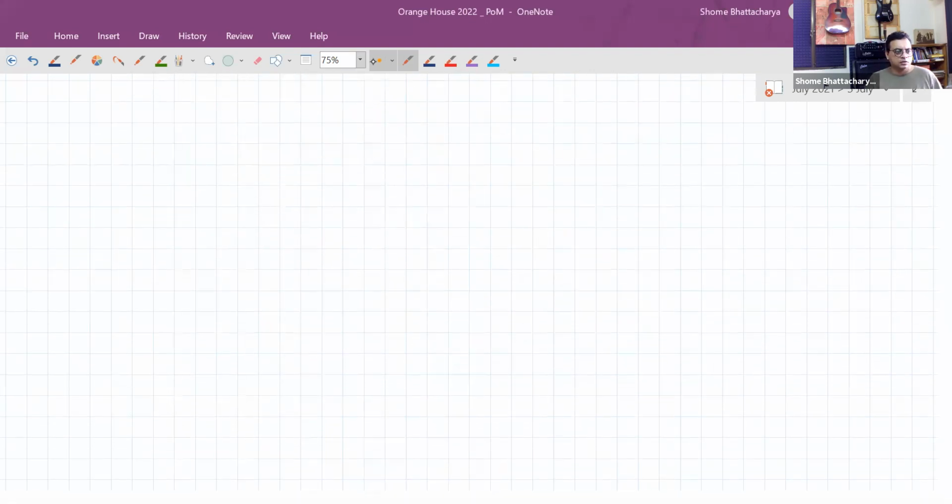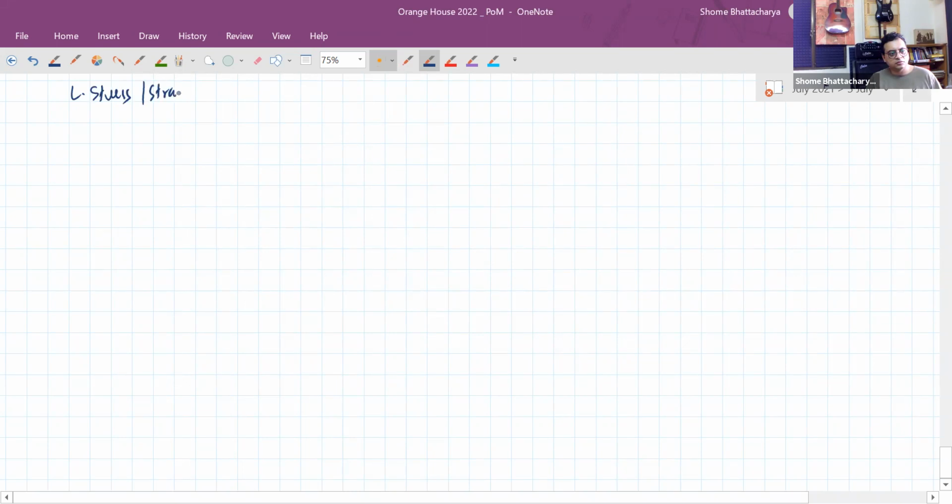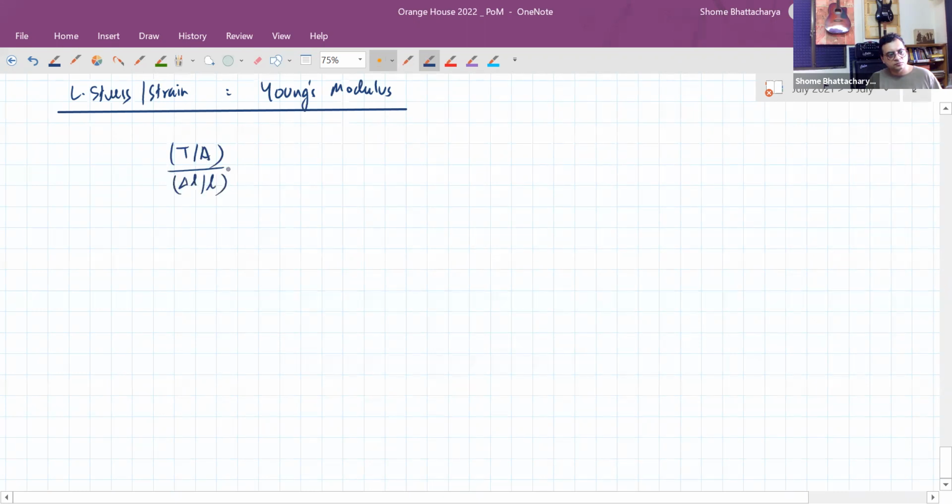Okay. So coming back to longitudinal stress and strain and Young's modulus. So let's look at application of this formula. So here in this relationship is of course Hooke's law.